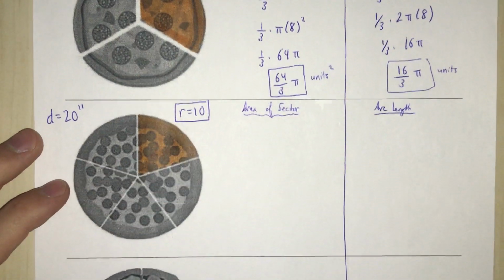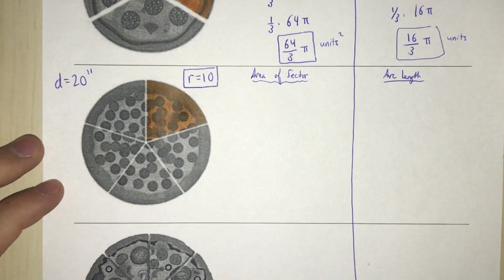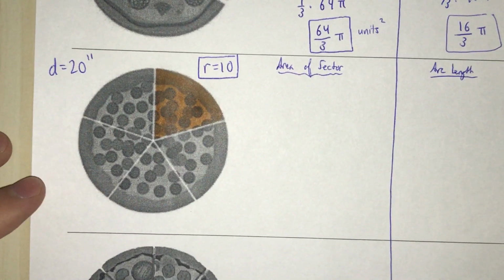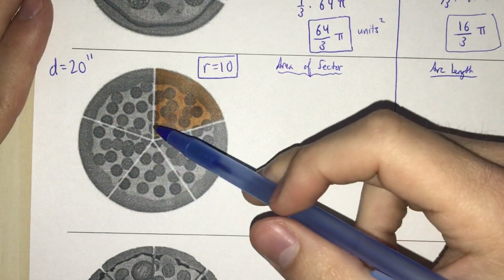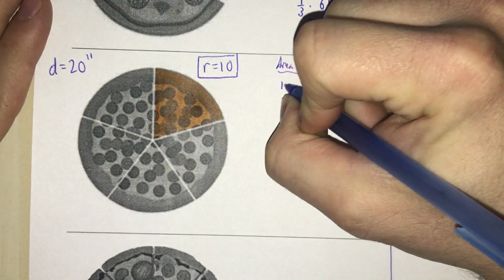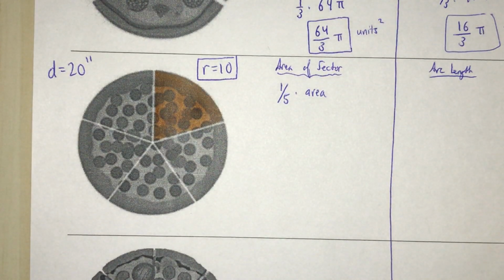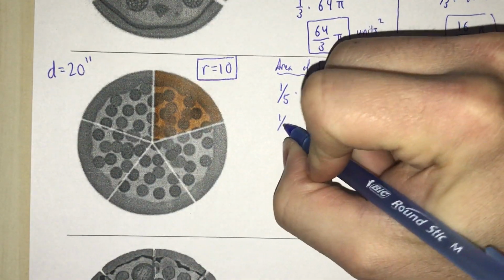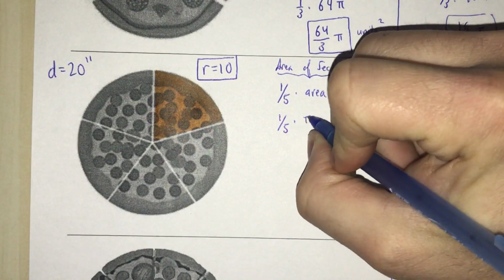If I'm going to do these two things, I really need to focus on what I'm actually trying to do here. Because in this example, if I'm finding the area of that piece of pizza, there's 5 pieces. I am talking about 1/5 of the total area. I know the area for a circle is pi r squared.